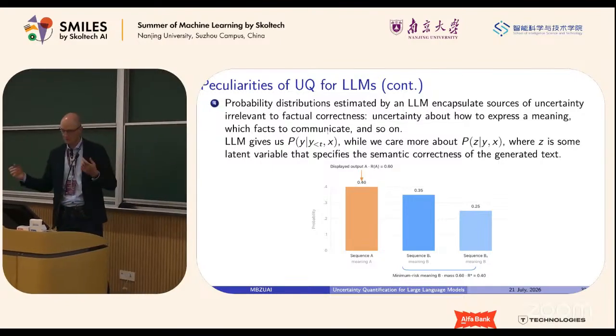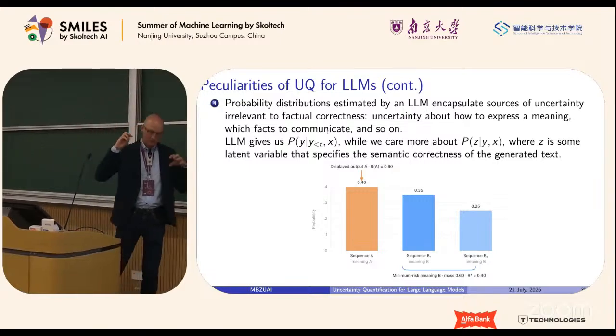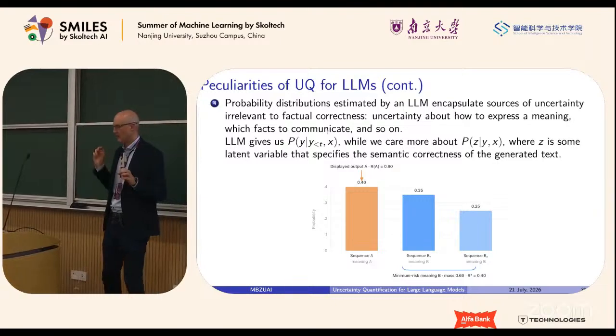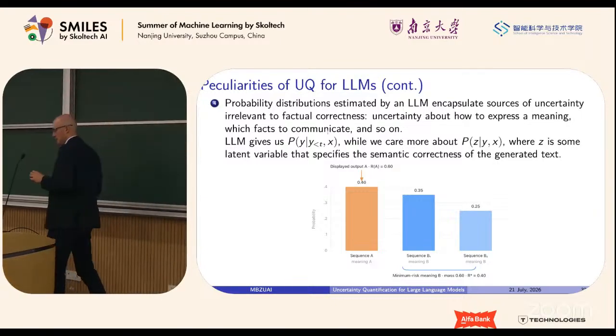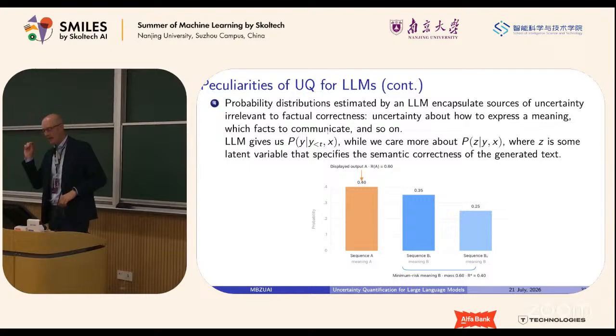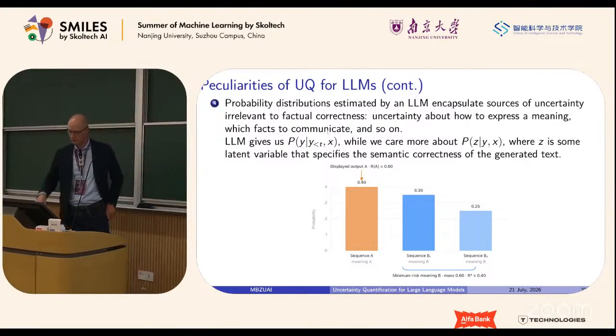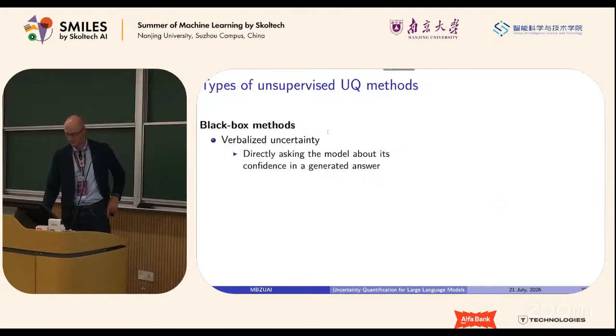So that's another problem: the probability distribution of a language model is not tailored for uncertainty quantification. The probability distribution of a language model is tailored only for generation, and we need to do a lot of things to make it more or less good for quantifying uncertainty of these generations.